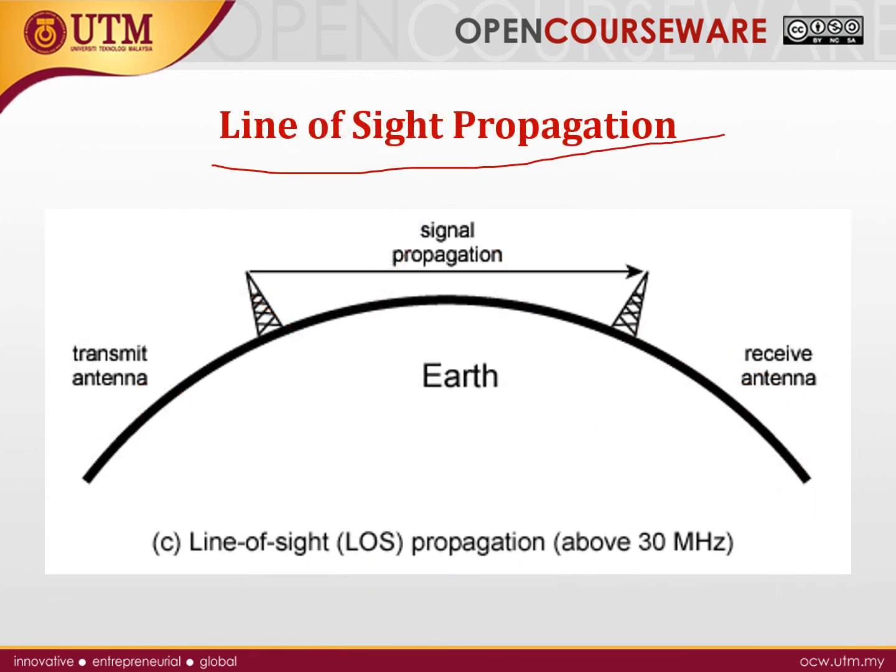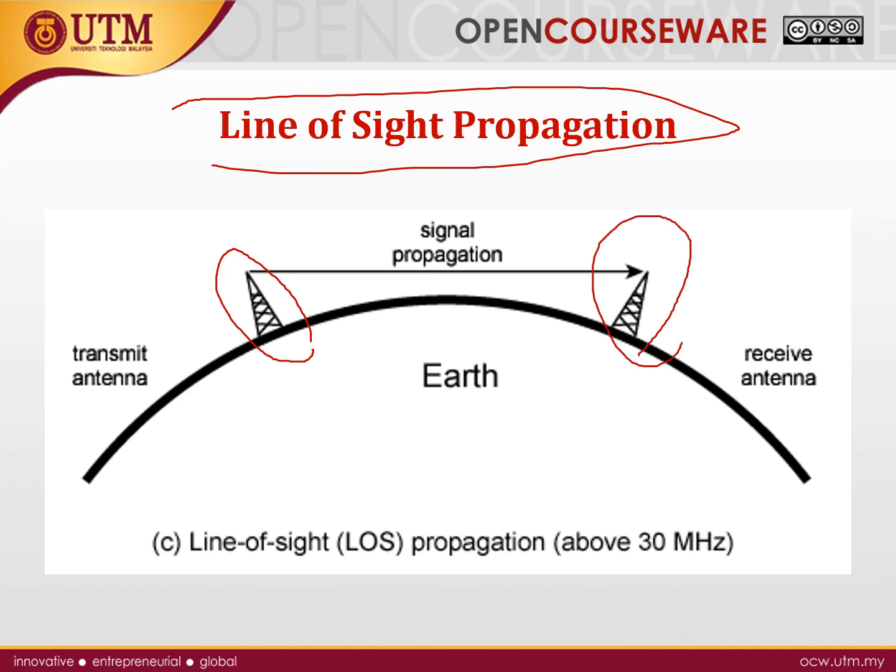Then we have line of sight propagation. We have the transmit antenna here and the receive antenna here, and the signal goes directly from the transmit to the receive antenna.